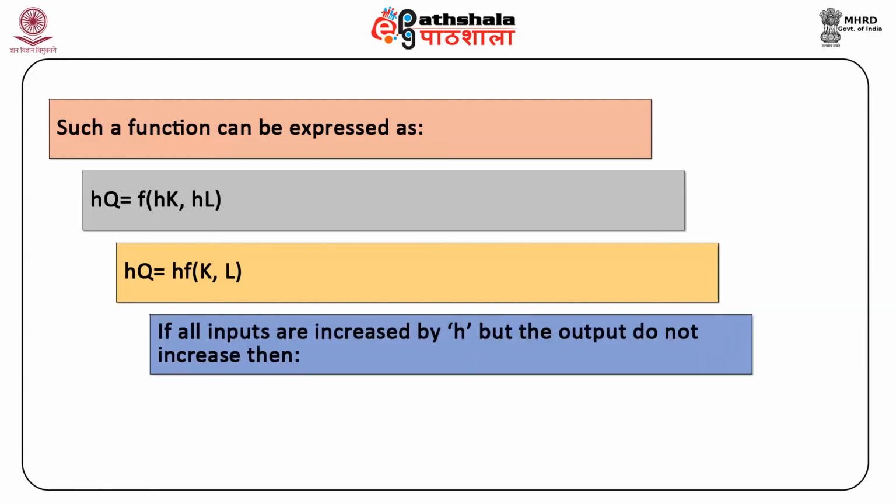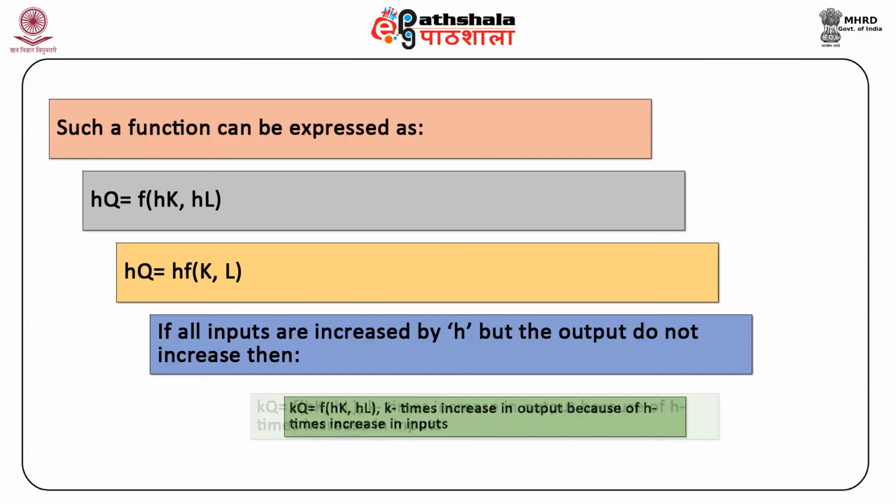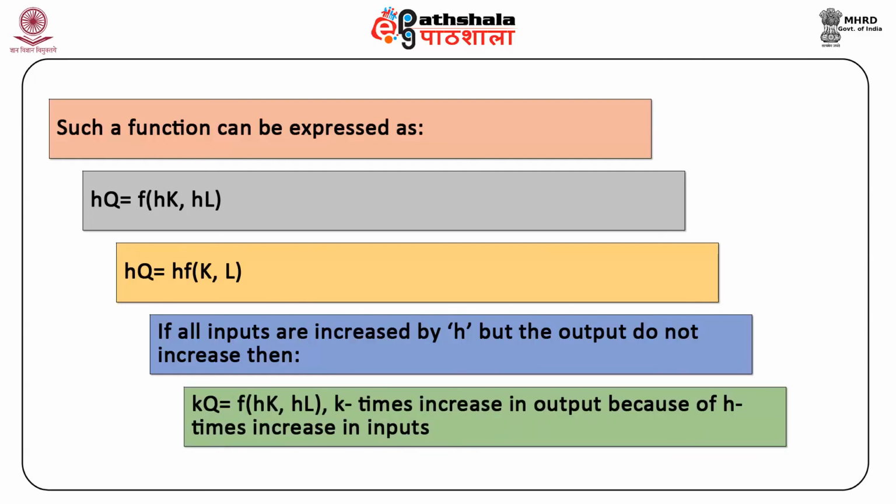However, if all the inputs are increased in the same proportion by h, but the output does not increase by that proportion, then the production function may be written as kQ = F(hK, hL), where k denotes k times increase in output as a result of h times increase in both the inputs.